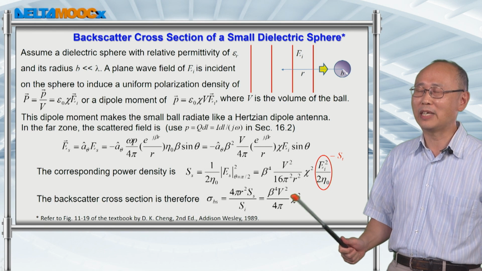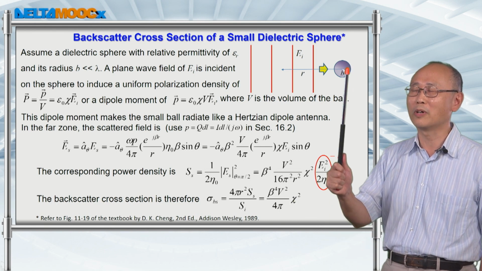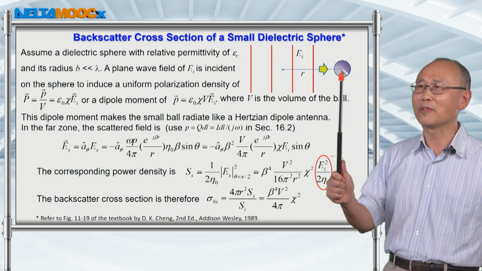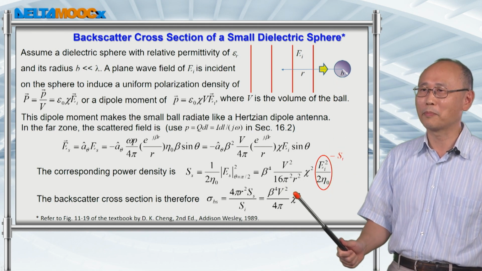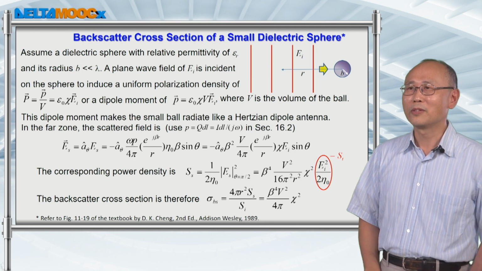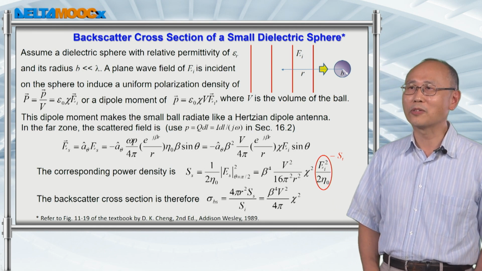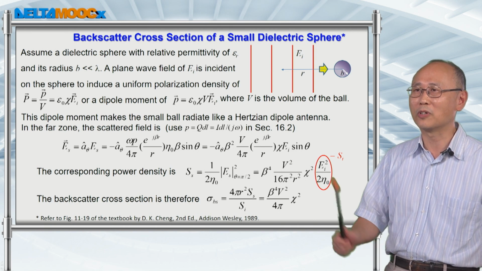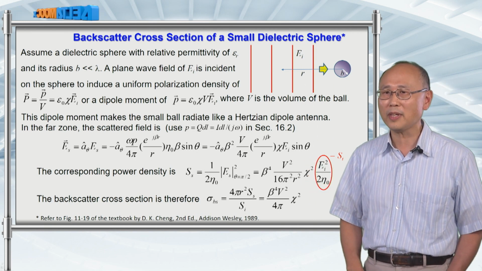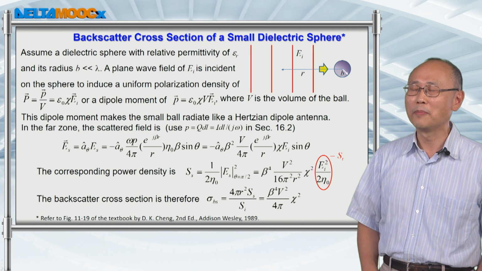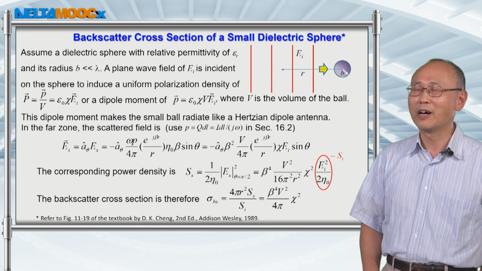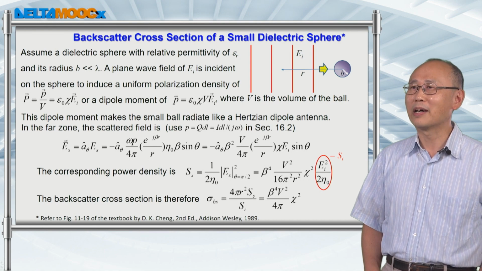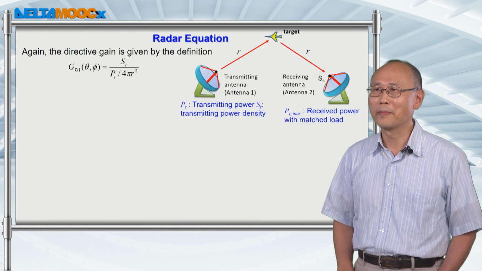Again, this V is the volume of this ball, and you can pick up the formula for the volume of a small ball and put it into this expression. So this example tells you how to calculate the backscatter cross-section of a small dielectric sphere. The methodology is the same for calculating other objects in space illuminated by an electromagnetic wave.